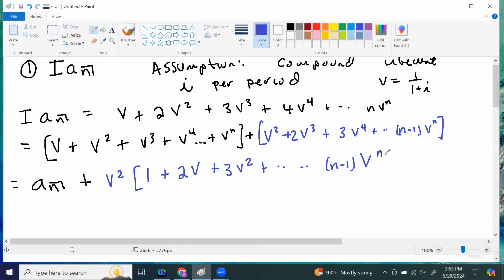So that's n minus 2. Let's see, yeah, 2v squared, v squared out of there, 2v, 3v squared, etc. So remember this number here is going to be 1 greater than this.